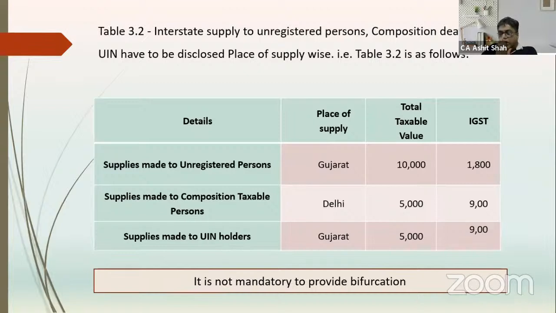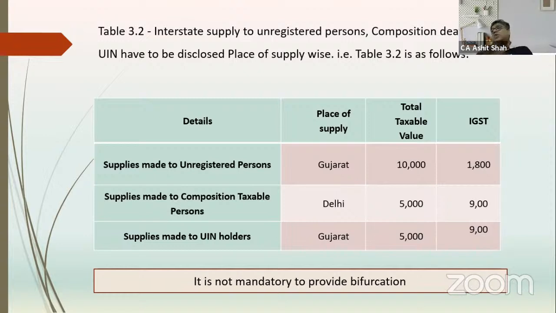Then another change is in table number 3.2. This 3.2 is in respect of those supplies which are made to an unregistered person, a composition dealer, or a UIN holder. They have to be disclosed on the basis of place of supply. Previously also these details needed to be provided, but many taxpayers were not disclosing them on the basis of place of supply.